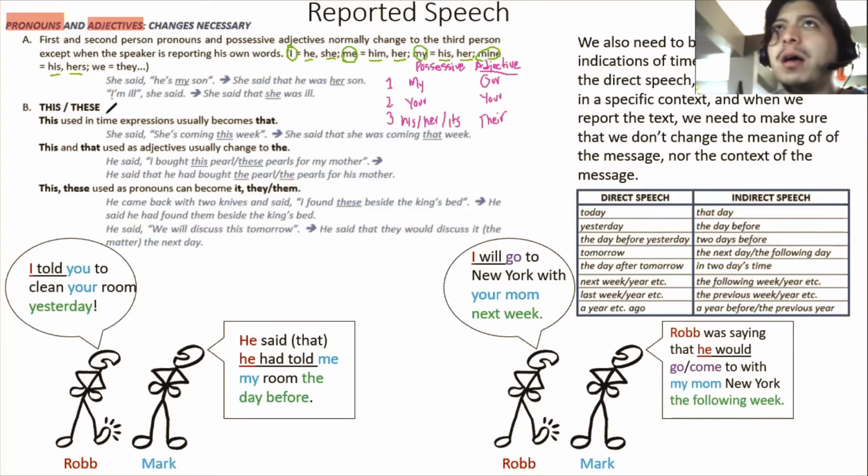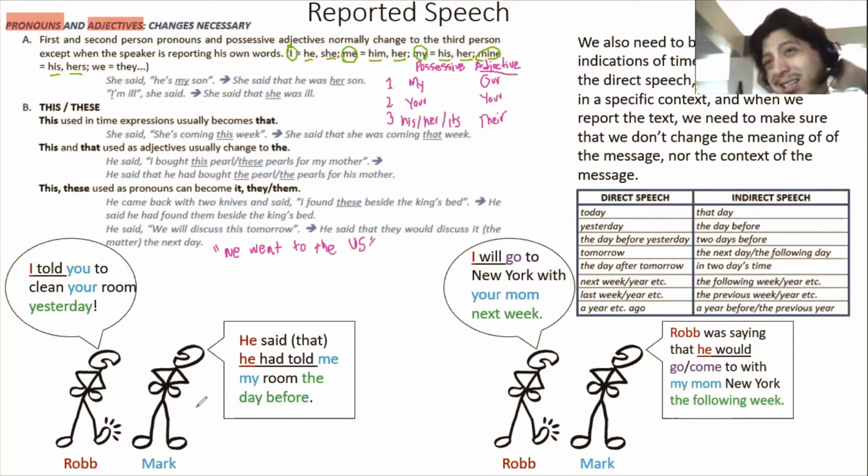Then we have we. For example, we went to the US. Okay, this is the sentence. When somebody says we, what do we do? We report it.